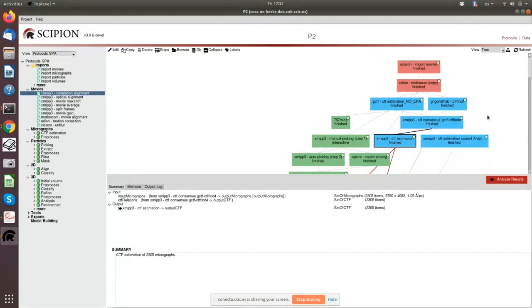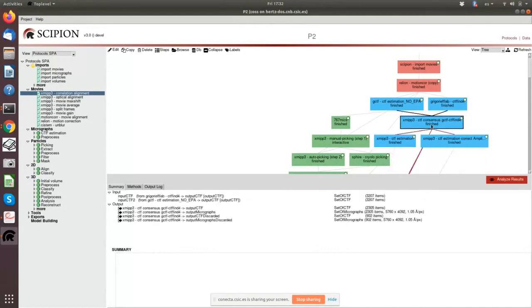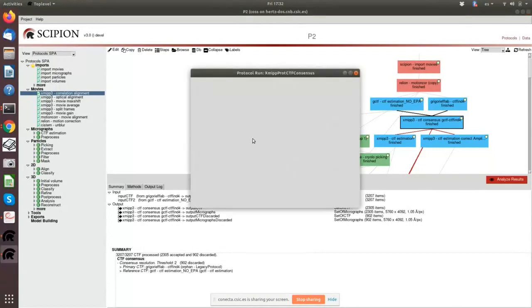Before, in the released version, we were taking the previous parameters and trying to refine them a bit. But now we think that refinement might be introducing a little bit more noise. And then we can see now, I thought I had it, the CTF consensus with XMIP, but I don't. But it's not difficult to see.